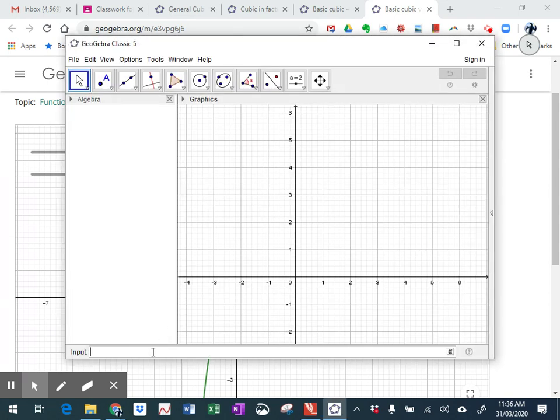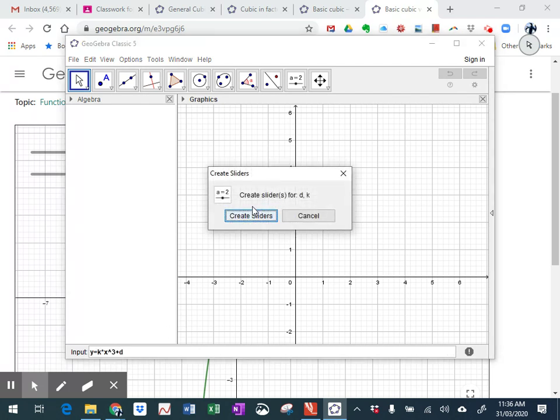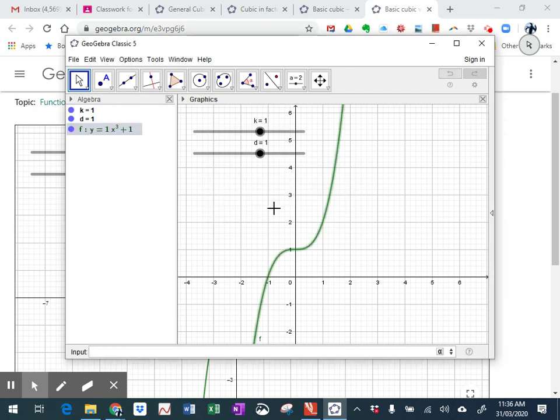Okay, so if I type in y equals k times x cubed plus d, enter, create sliders. Here we go, so here's my equation.